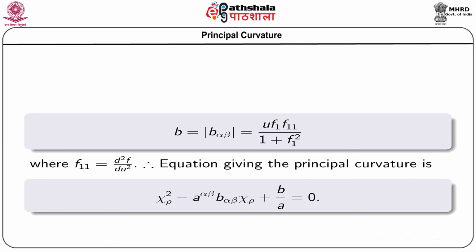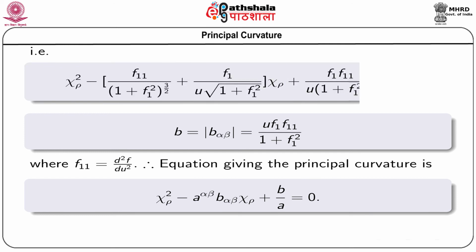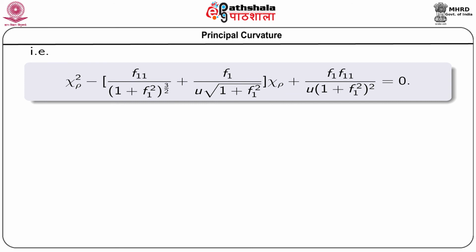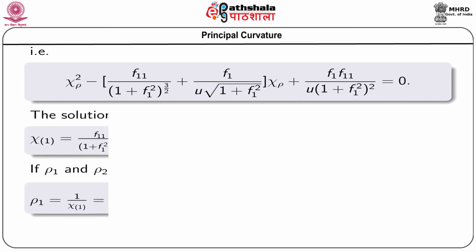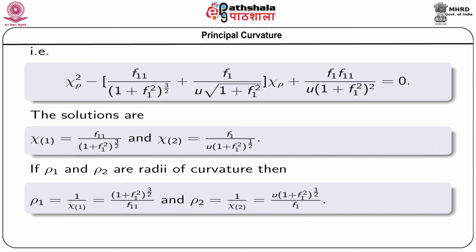So, therefore, the equation of the principal curvature, we have seen, is kappa rho square minus a alpha beta b alpha beta kappa rho plus b by a equals 0. If we put the values, we get this equation.